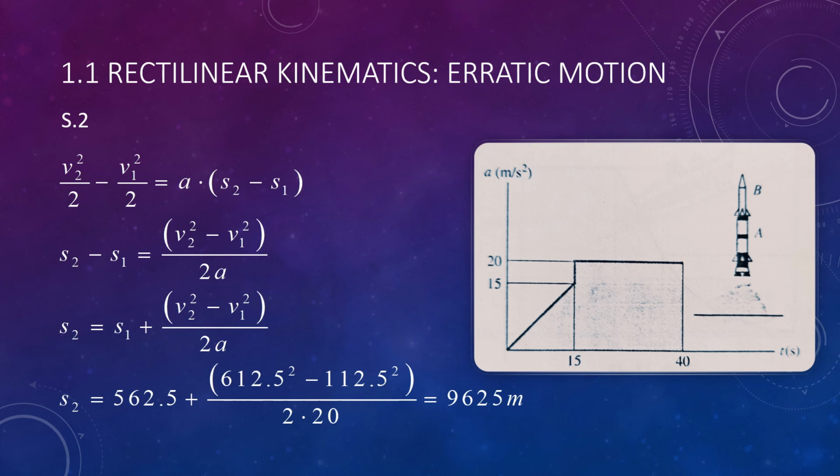As a result of the final calculation, by substituting velocities v1, v2, displacement s1, and acceleration a, the final displacement is calculated as 9,625 meters.